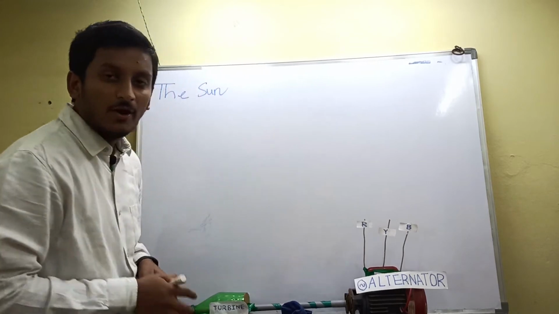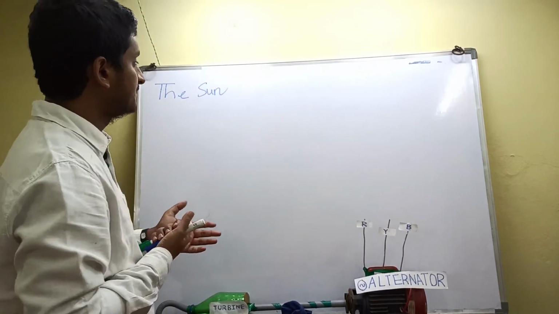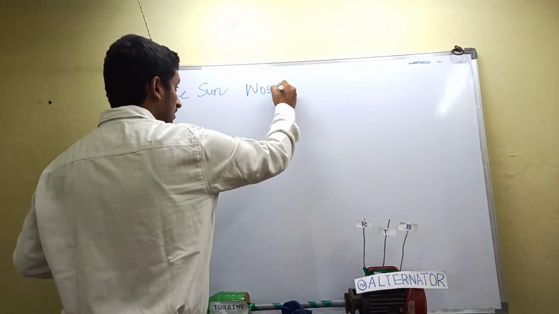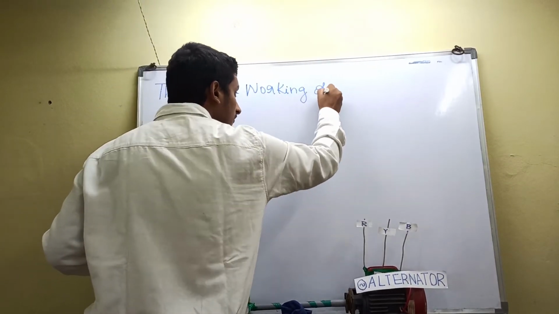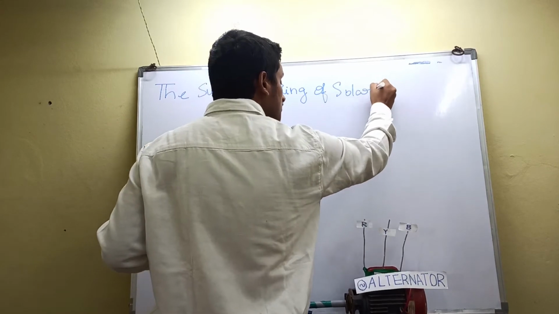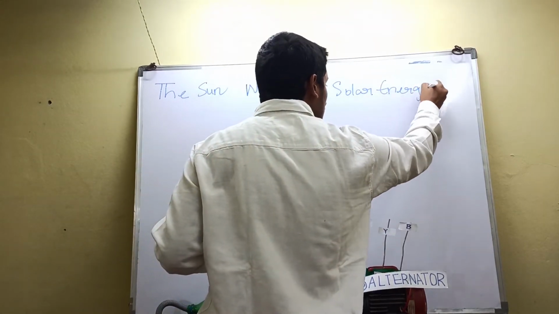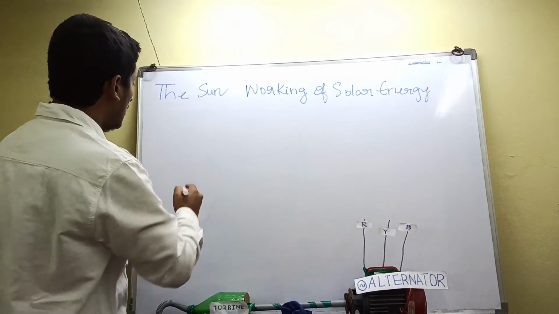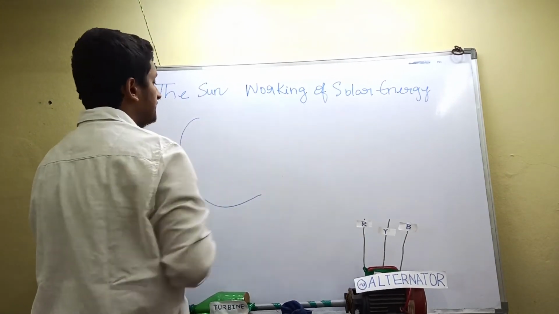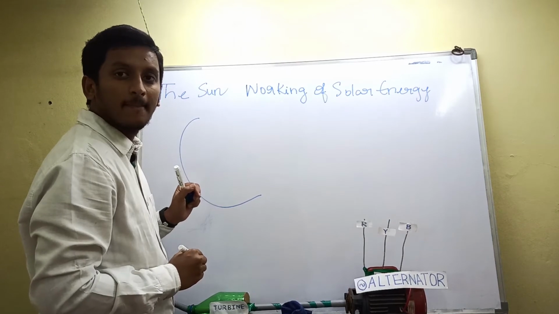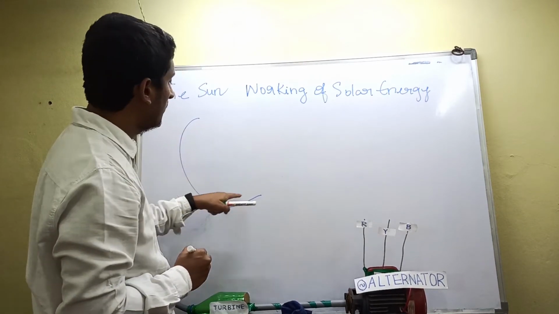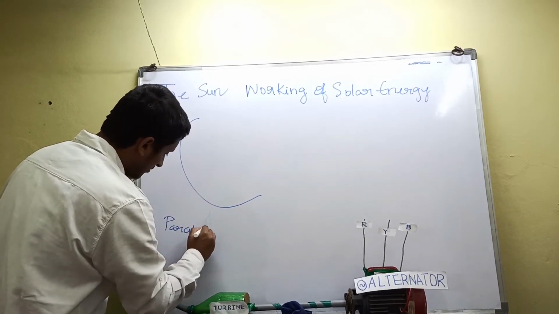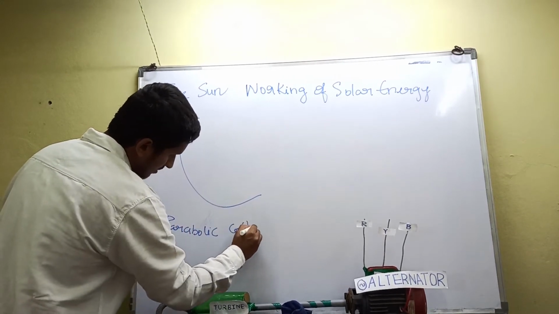Now, in order to see the working of solar energy, we have to take a parabolic plate, or else we can say a parabolic collector.